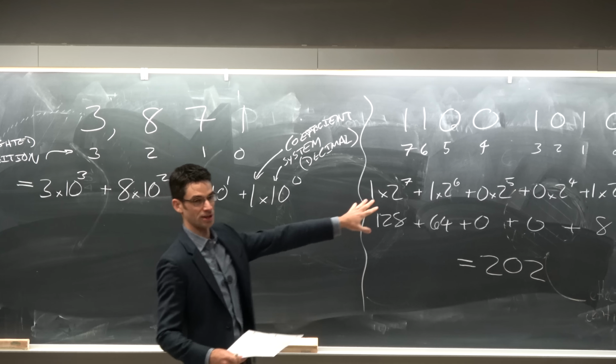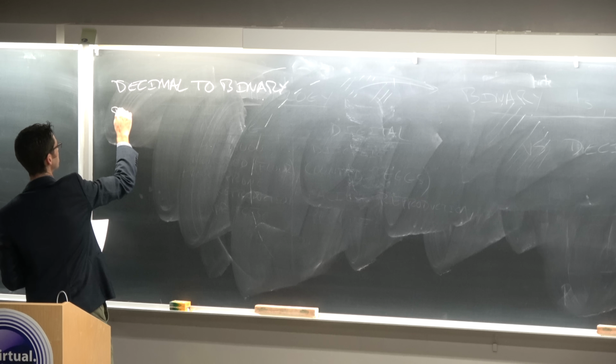If you had to start with a decimal number and convert it to binary, you kind of have to use a mnemonic device, which is the division by 2 method. So decimal to binary, repeated division by 2.